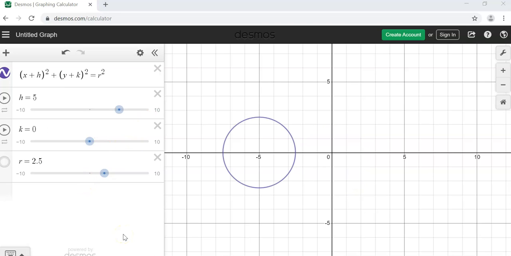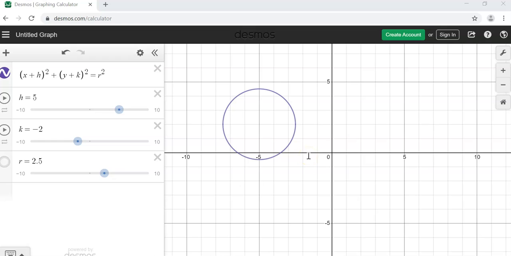I've just manipulated the x translation so that we can see when h is equal to 5, so when it's positive, it's going to move to the left by 5 units. And so the new center of our circle, rather than being at the origin (0, 0), is going to be (negative 5, 0). So where is the new center of the circle going to be if I manipulate the k value?